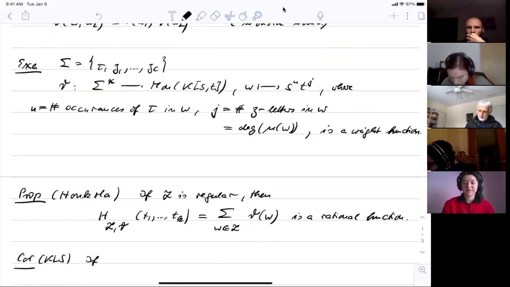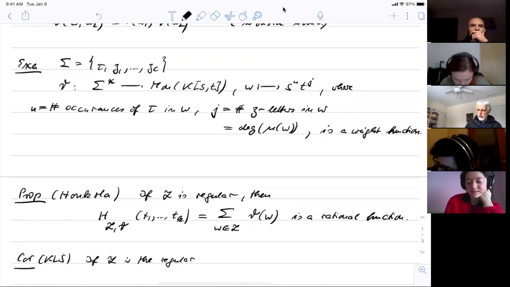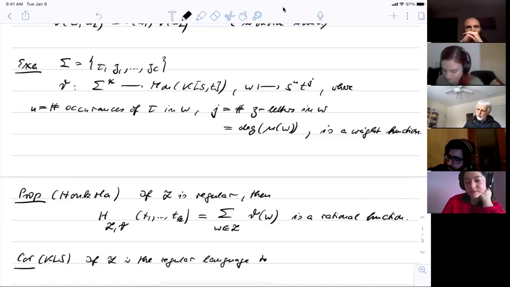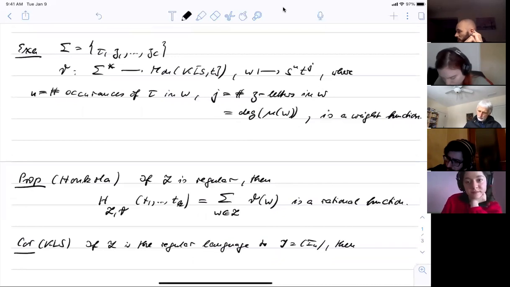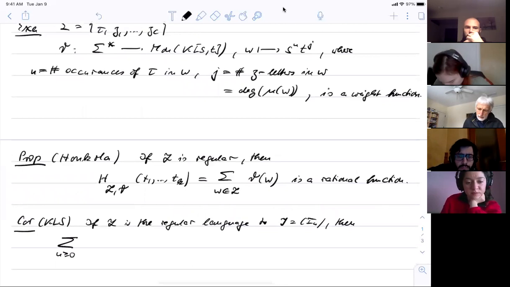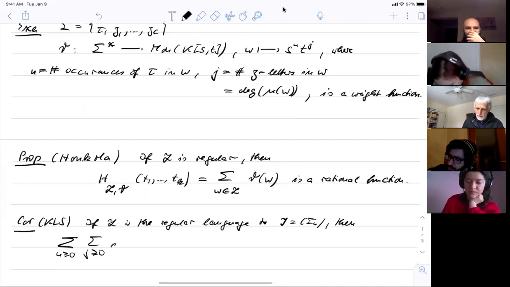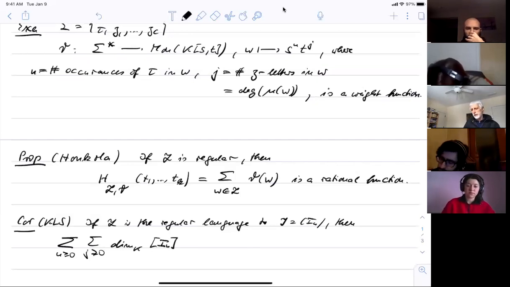Namely, if L is the regular language corresponding to our filtration I with components I_n, then the following formal power series in two variables, where you take the sum over n at least 0, j at least 0, and then you sum over the vector space dimensions in the nth ideal.